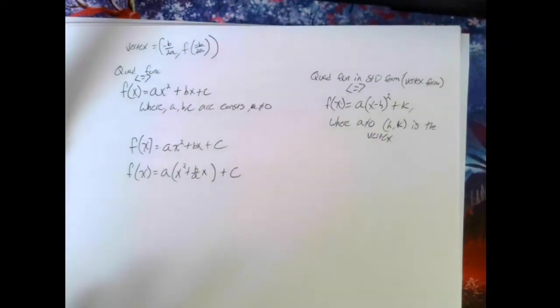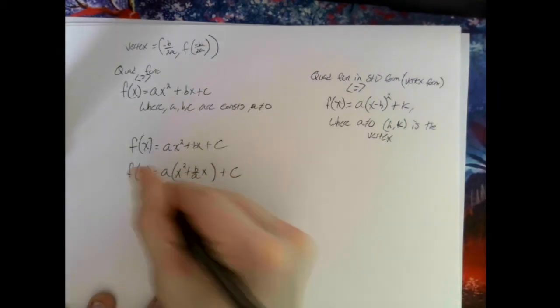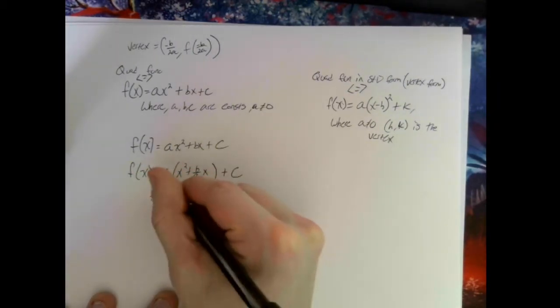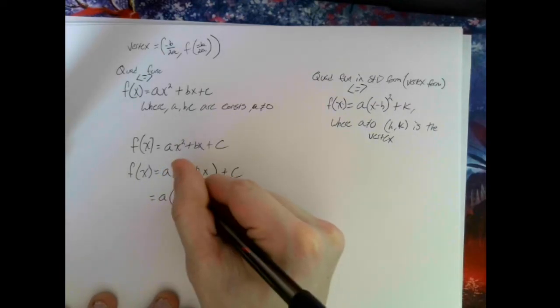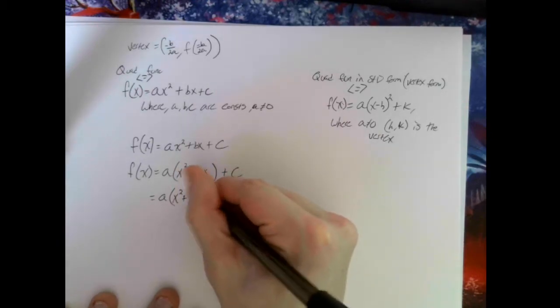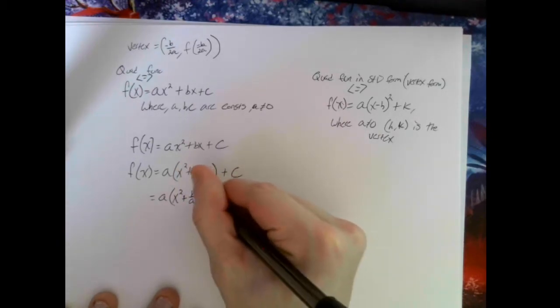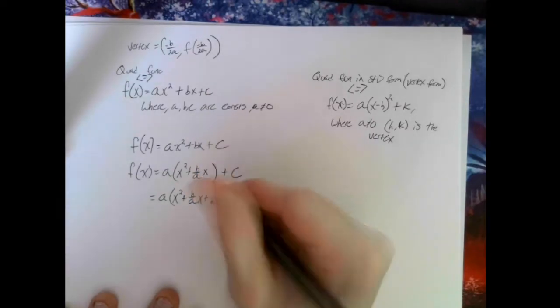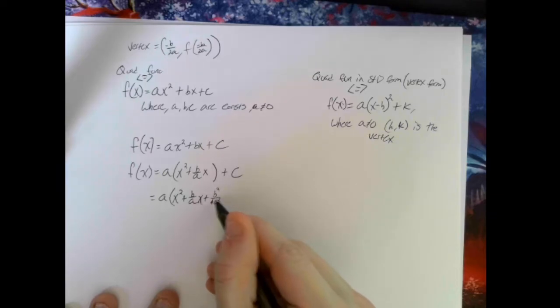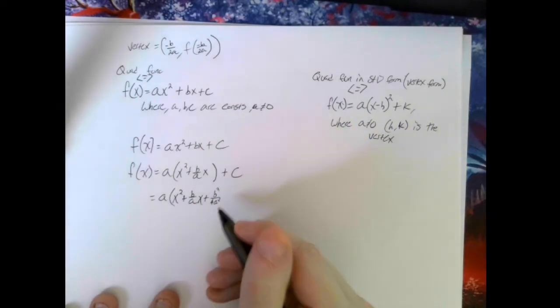We'll say plus c. Now, in order to finish completing this square, we have to take the b term, divide it by 2 and then square it. So we say plus b over a times x plus b squared over 4a squared, because that's b over a divided by 2, squared.